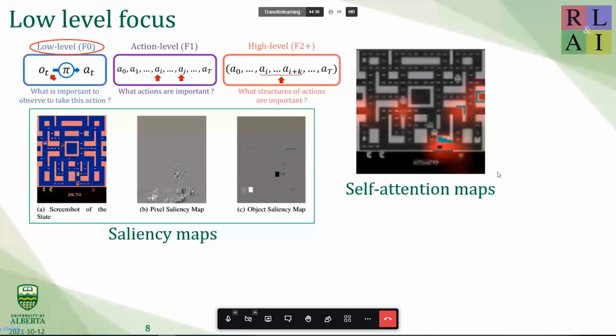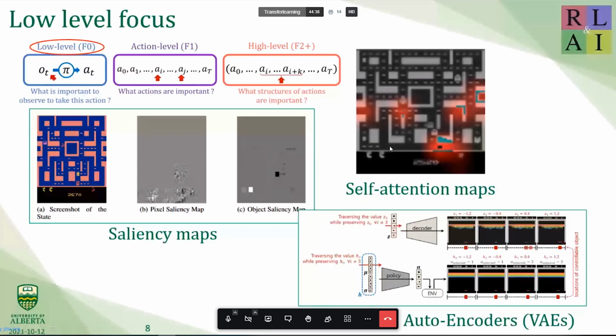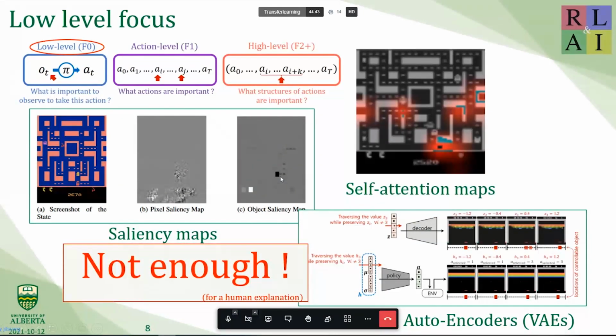You can also have attention maps or other techniques. What you can see from that is that having only low-level information is clearly not enough, because it is highly subject to interpretation. It doesn't tell you the bigger plan, the plan of the future actions, and so on. It tells you what was important at that time precisely.